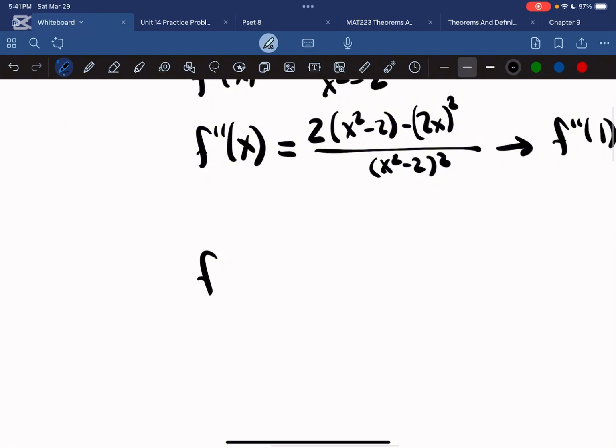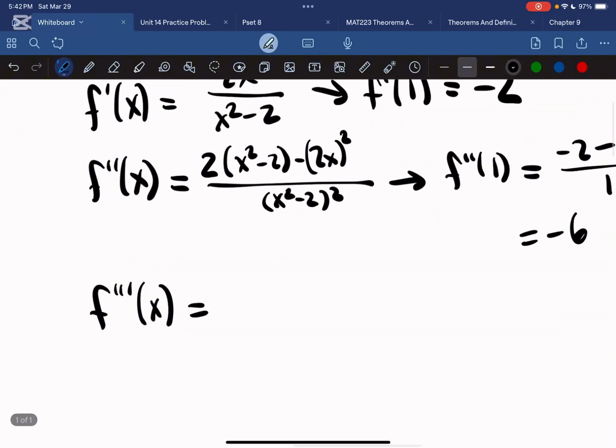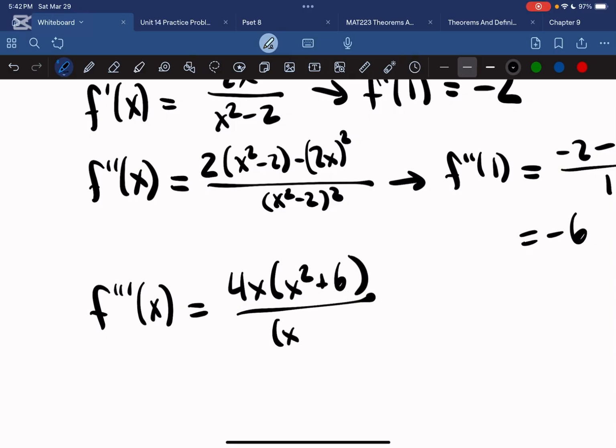Okay. All right. Next one. F triple prime. I mean, I'm sure the book is right. I'm just going to copy what the book has: 4x times x squared plus 6 over x squared minus 2 to the 3, right?